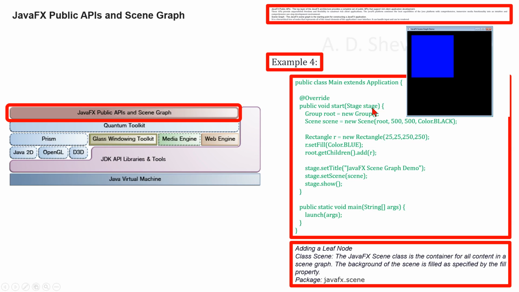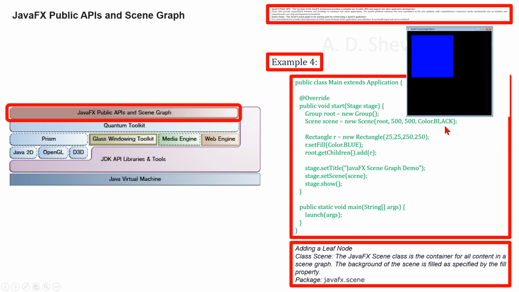The root node, in this case an instance of the javafx.scene.Group class, is created and passed to the Scene constructor along with the scene's width, height, and fill.